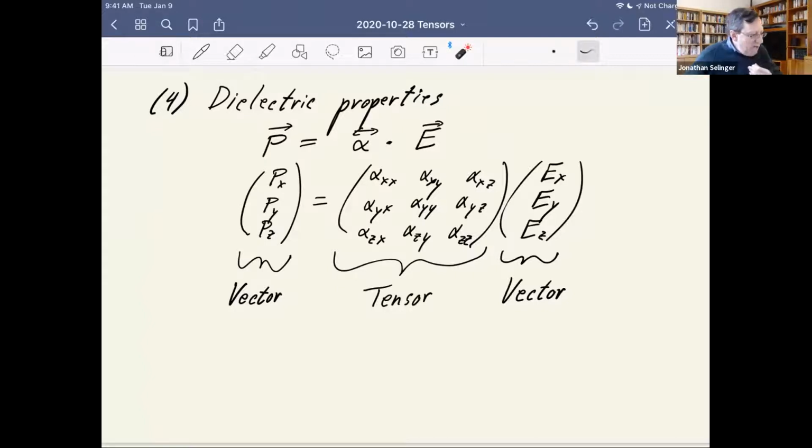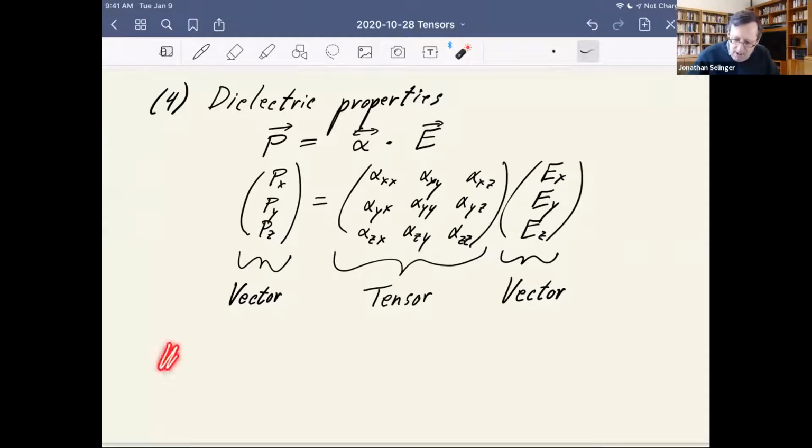Now, you might ask, how can we tell the difference between a set of nine numbers that describes a three-dimensional object versus any old set of nine numbers? The answer is that if they describe a three-dimensional object, then they have to change in a certain way when you change coordinate system.